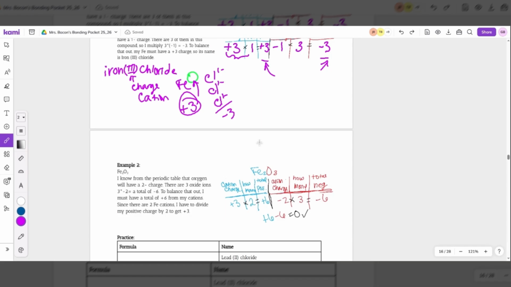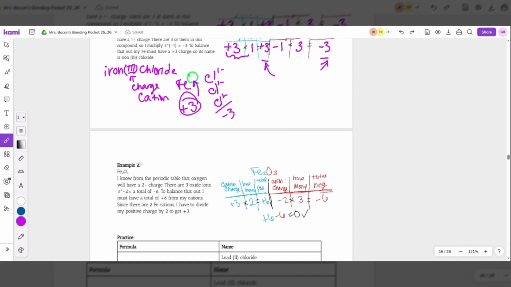The reason I like the table is because this gets more complicated when we have more than one of that cation. So for our next example, to try and figure out the name of Fe2O3, I've got to figure out the positive charge on my Fe again, because I know this is a transition metal.